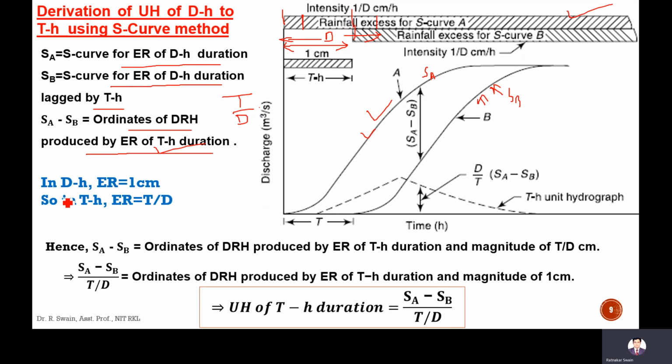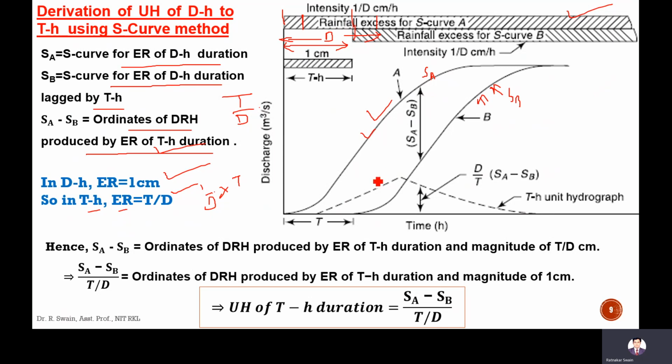In d hour, excess rainfall is 1 cm. So in t hour, excess rainfall will be 1 by d into t, which is t by d. So in d hour, if excess rainfall is 1 cm, then for t hour, if we shift the S curve by t hour, the excess rainfall in t hour we can calculate as t by d.